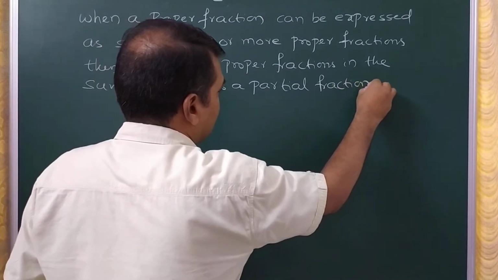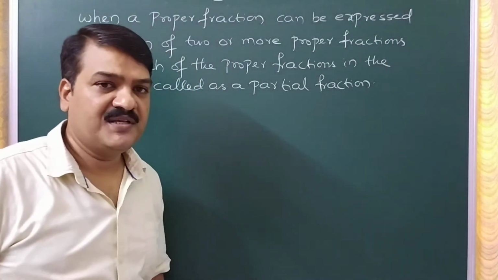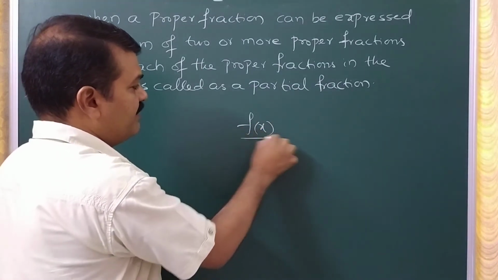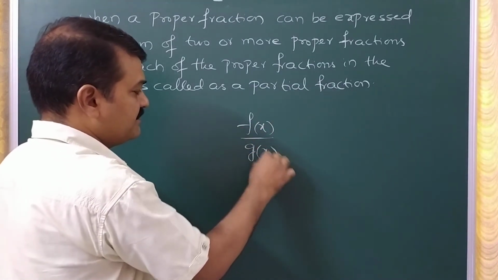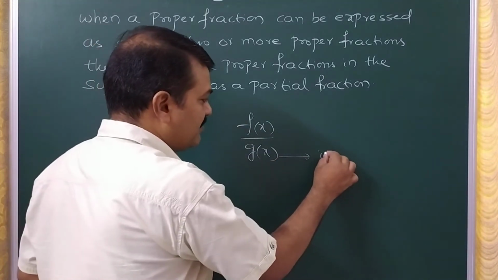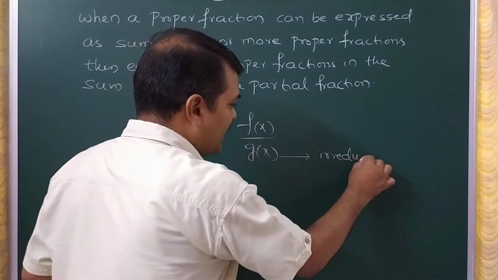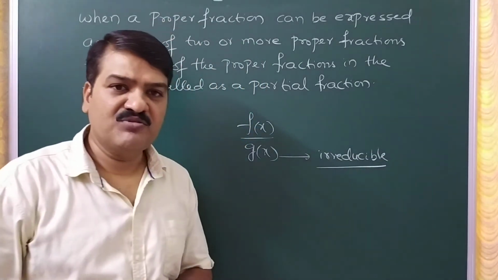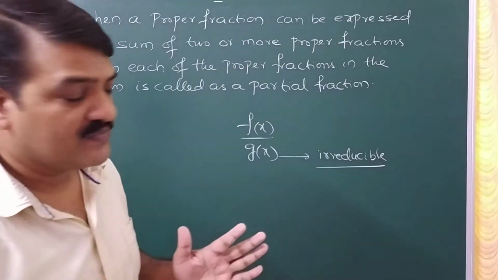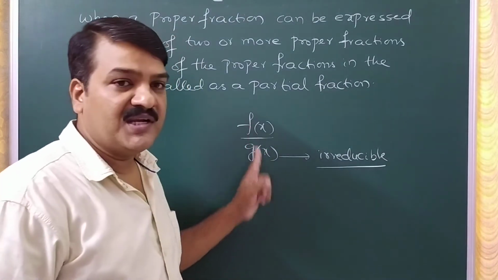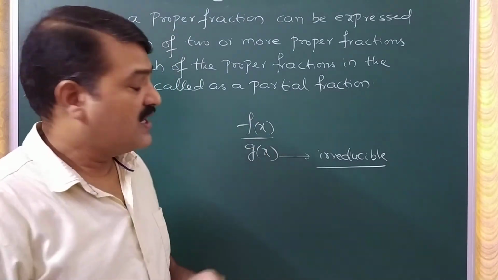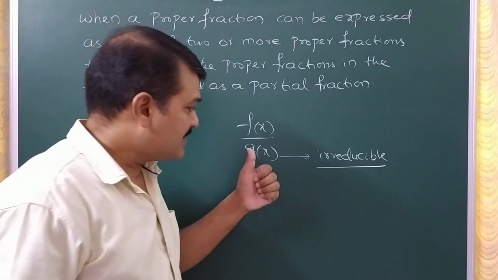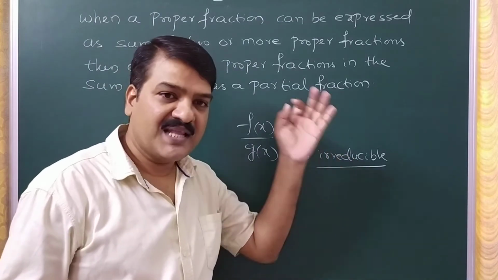Okay, so the most important point is, whenever you are expressing a proper fraction like this, the denominator must always be irreducible. This you have to understand. So we don't need to mention it always. Whenever you are taking a polynomial fraction and a proper fraction, the denominator must always be irreducible only.